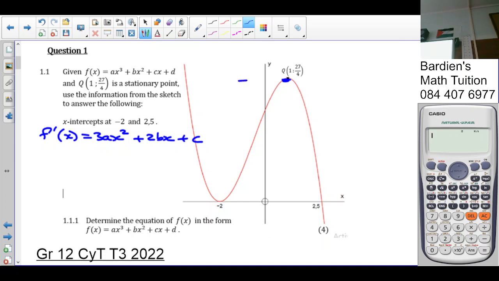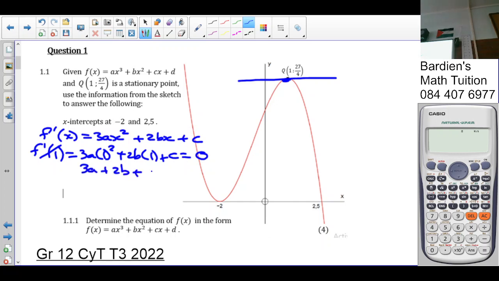If you substitute the 1 in, remember this is a general gradient anywhere along the curve, what's the gradient at 1? 0. So f prime of 1 is 3a times 1 squared plus 2b times 1 plus c, equal to 0. So that gives you 3a plus 2b plus c equals 0.